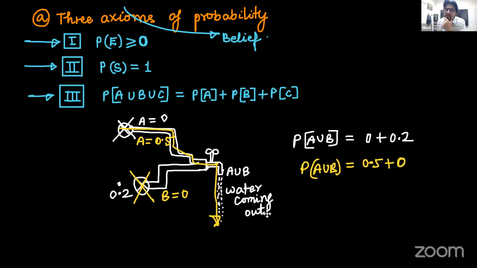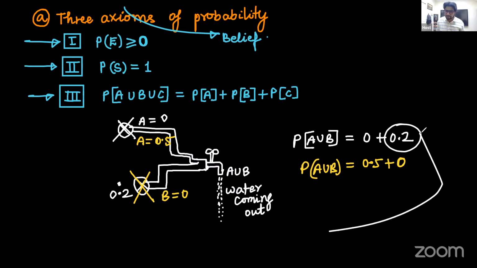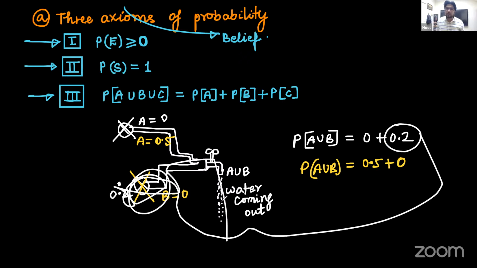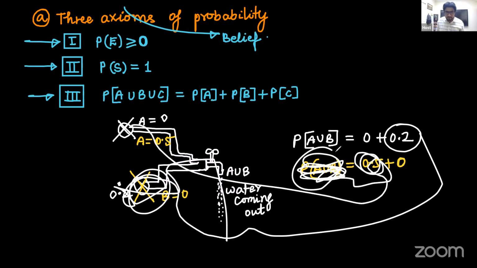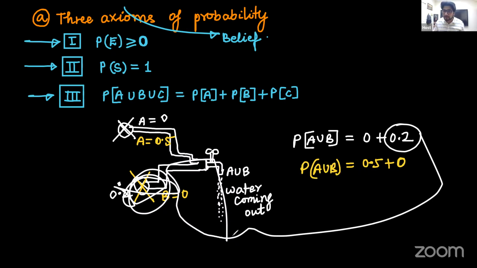We notice that the union can be satisfied either by satisfying A or by satisfying B. So the chances of water coming out will be 20% if only B works, and 50% if only A works.